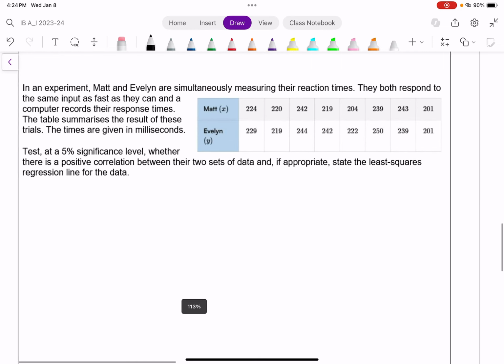All right, lastly, we want to look at a new type of test to determine how likely a particular correlation might come up. Here we have an experiment, a table showing the reaction times between two people. We can draw conclusions about the correlation of the sample, but this is just a sample.